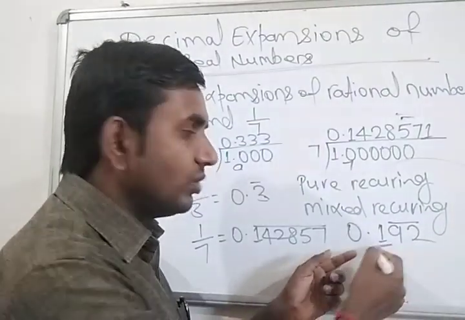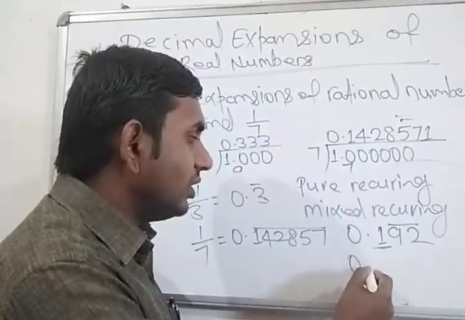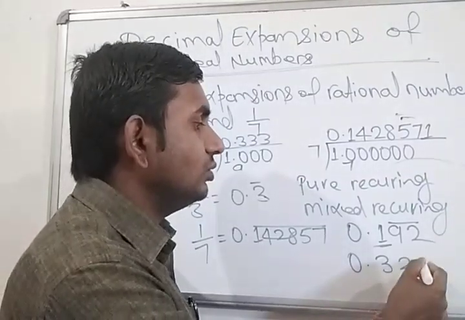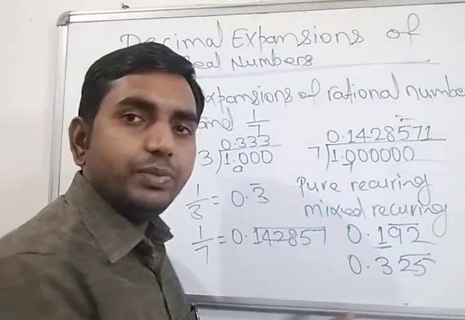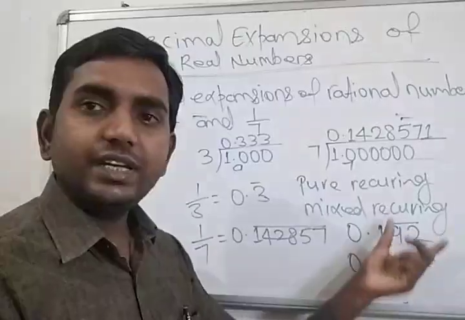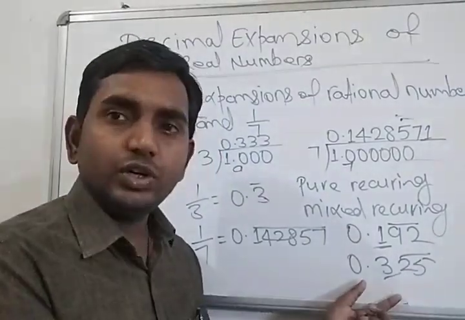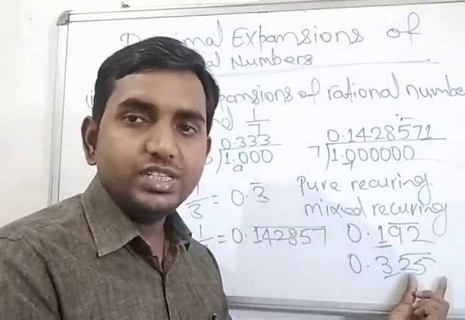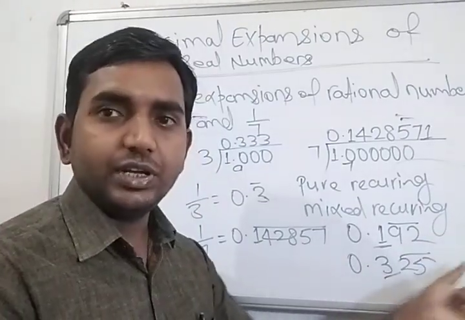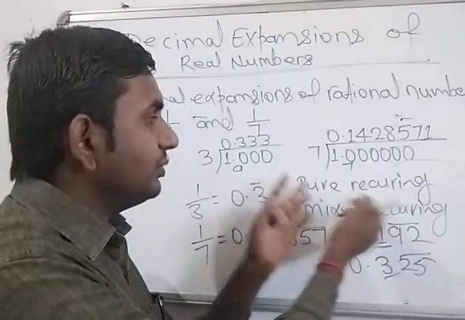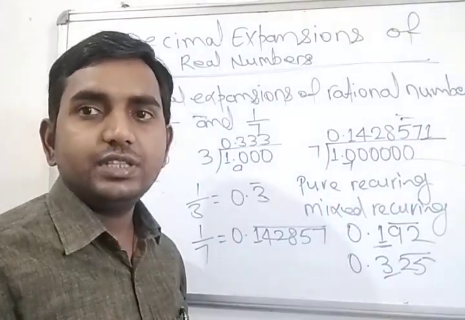Why? Because here 1 does not repeat. Now if we have 3.25 and here 25 repeats, then it's also called a mixed recurring decimal. Why? Because here 3 does not repeat, but after 3, two digits repeat. So this is a pure recurring decimal and this is a mixed recurring decimal.